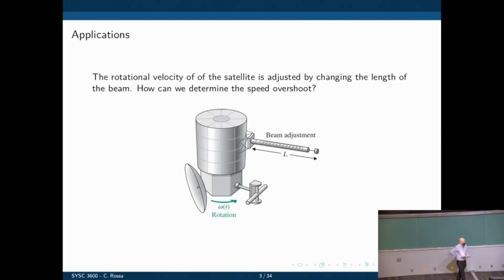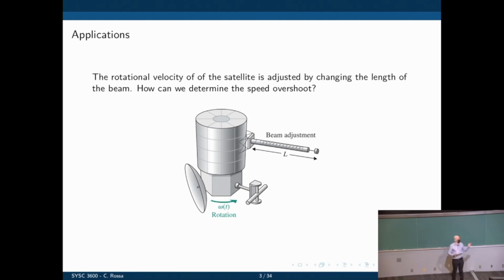So let's go back to the example we had here. I don't know if this was the exact one, but if you have this satellite and you want to adjust the speed, the way it is done is by changing its moment of inertia. So here we have a mass that translates on that beam, and by moving that mass around, we are changing the moment of inertia of the satellite, and that will affect its speed.